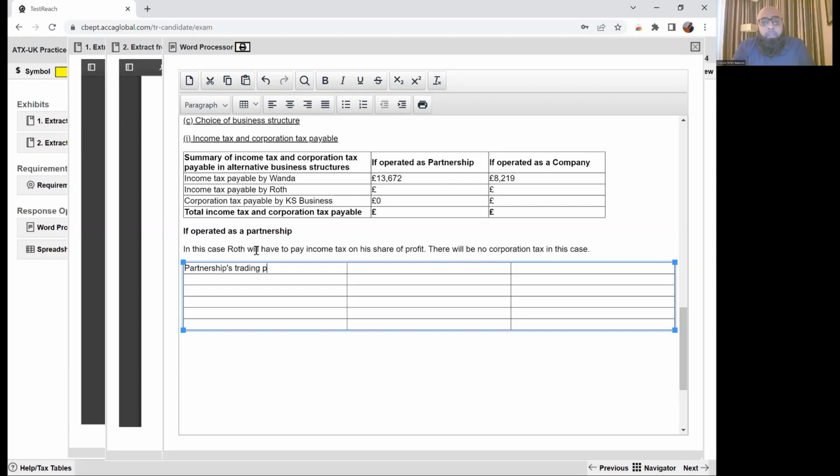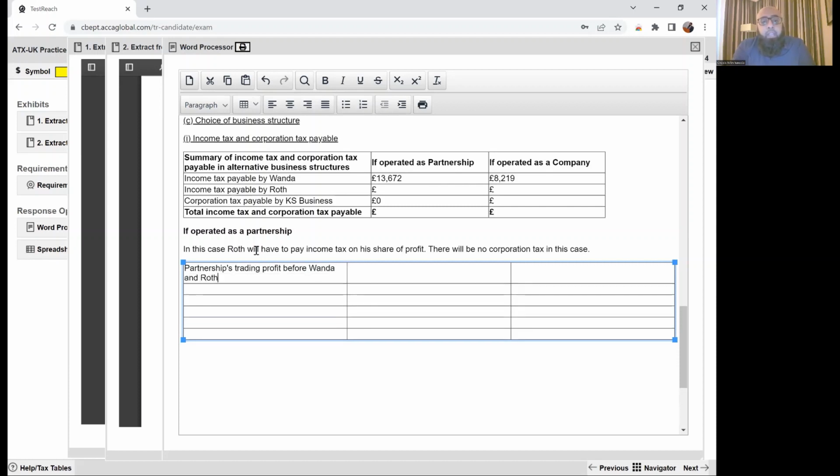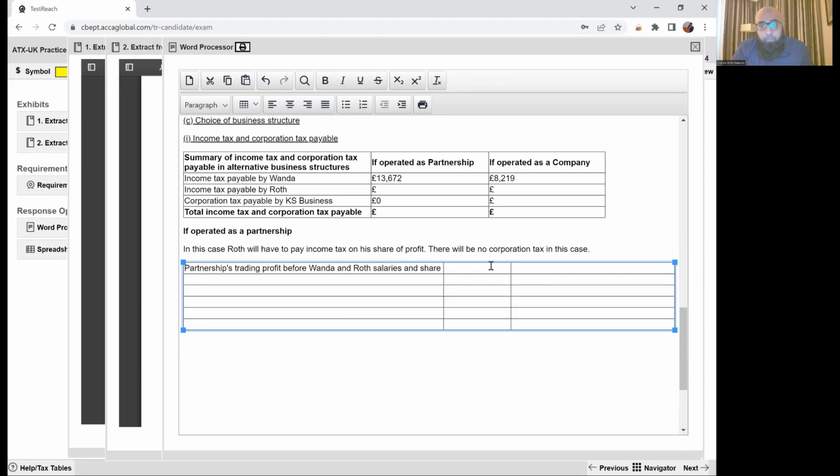Partnership's trading profit before vendor and ROT salaries and share. That is given in the question, if you remember. This is the column for ROT share.